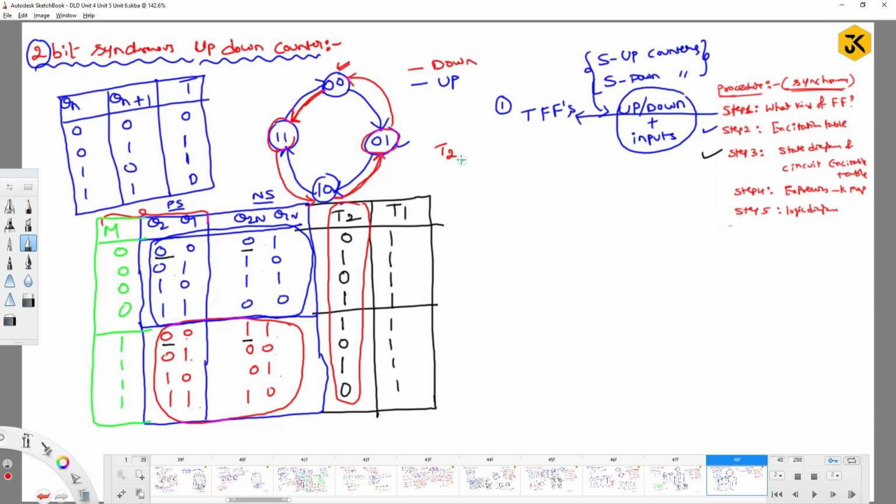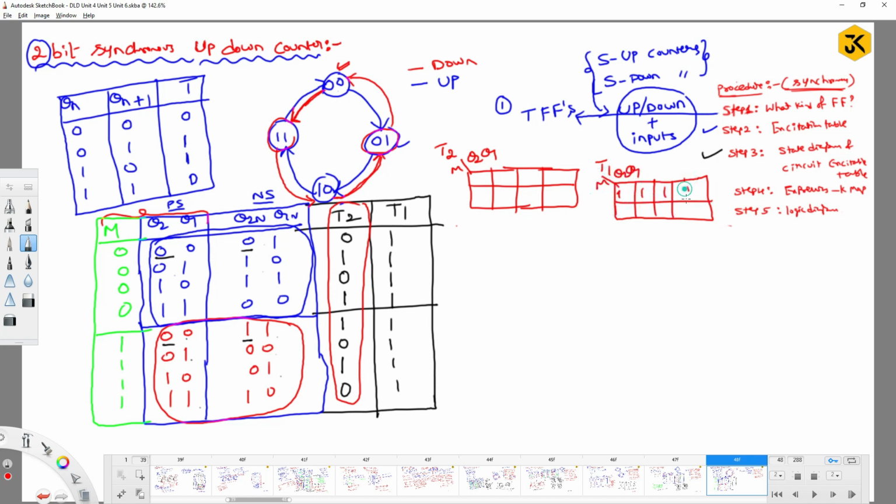So how many values are there? 8 values are there, M, Q2 and Q1, right? Similarly for T1, I think you need to go with the table, right? Because you can directly understand Q2 Q1, so all are going to be 1, so the T1 value is going to be 1, right?